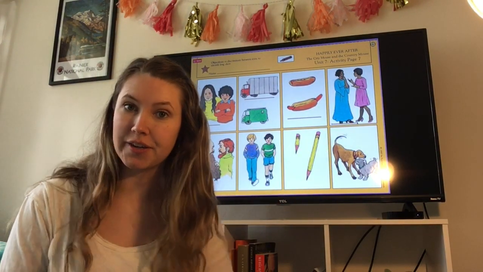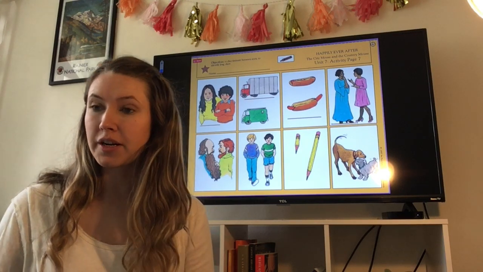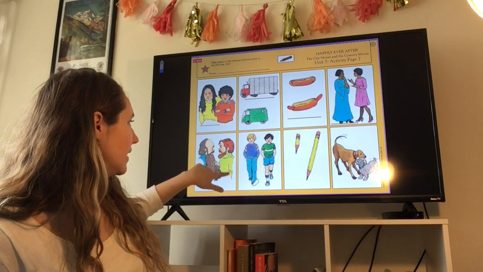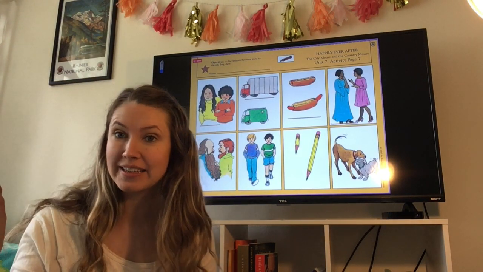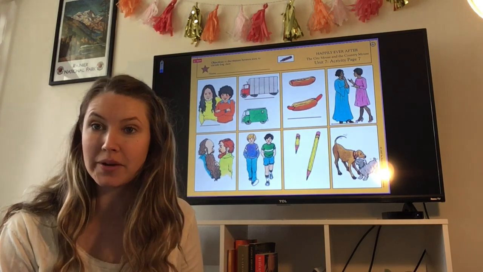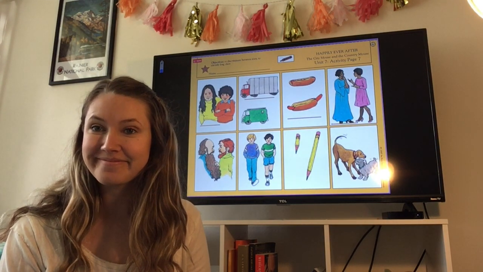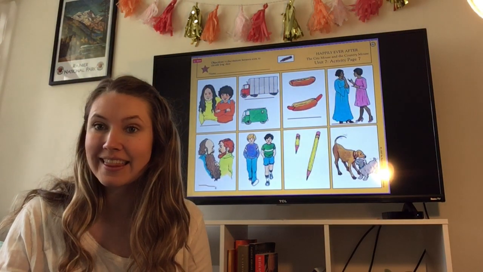I underlined her. Now we're going to look at the next row, and we're going to go all the way back to the left side, and we see two people with beards. I would like you to underline the person who has the longer beard. Who has the longer beard? So now your page should look like this.